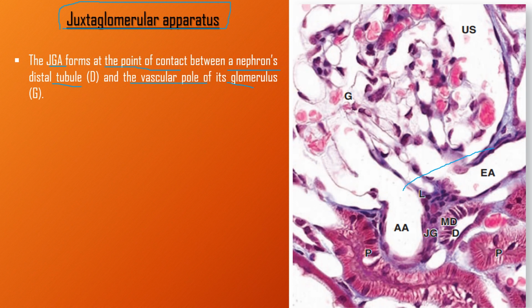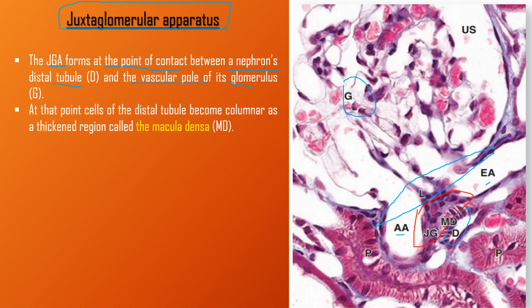This is the vascular pole of the glomerulus, with the afferent and efferent arterioles entering the glomerulus, and this is the distal tubule of the nephron, which is contacting the vascular pole. This is the juxtaglomerular apparatus, in between the contact of the vascular pole and the distal convoluted tubule.